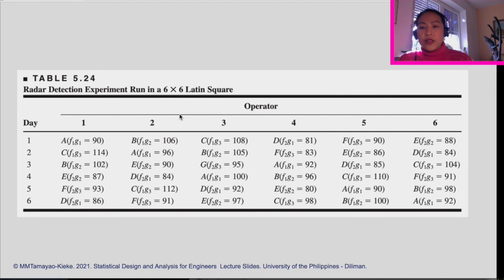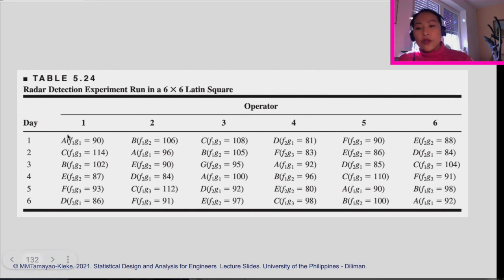Okay, and for this example, these are the observed values for this 6x6 Latin square experimental design. The observations, of course, are run in a completely randomized manner.